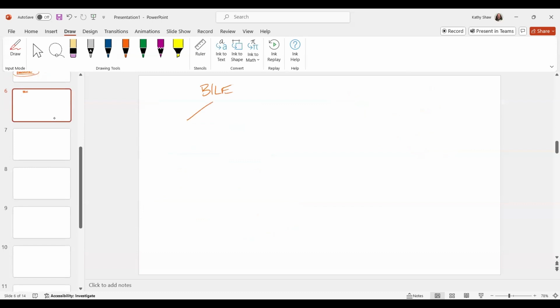Bile is made up of some phospholipids, and we'll talk about their job. And that's things like lecithin. The bile is also made up of bile salts. Cholic acid, derivatives of cholesterol. They're going to react with taurine, glycine, things like that.